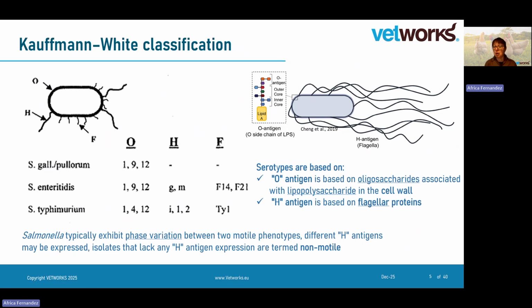Some Salmonellas could also express a slightly different flagella antigen, and then it's called F antigen. So you can see here that Salmonella pullorum and gallinarum have no flagella, so that means they are non-motile Salmonellas. And then we have Enteritidis and Typhimurium that are motile.